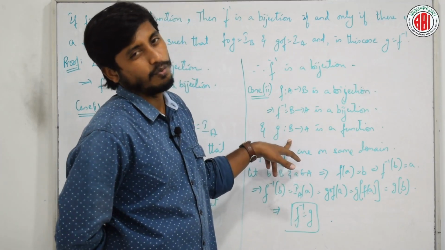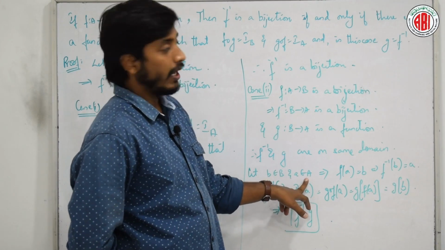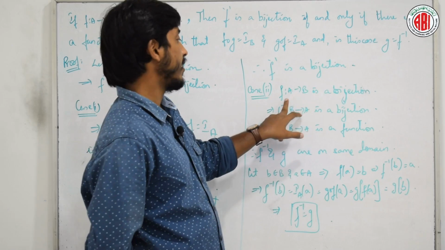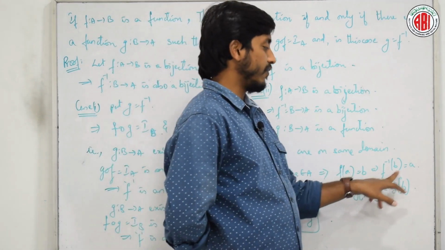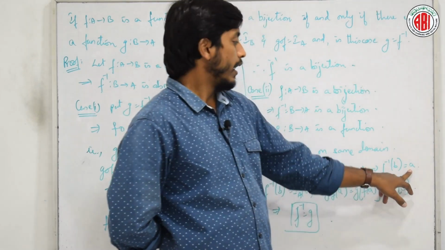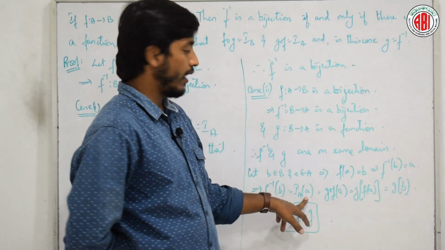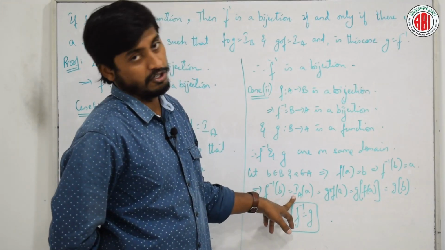So let us assume two parameters where b belongs to B and a belongs to A. And since f: A to B is a bijection, I can directly write f of a equal to b. From this, I can write f inverse of b is equal to a, right? And I can tell that a is I_A of a, isn't it? Yes or no? It is an identity function.